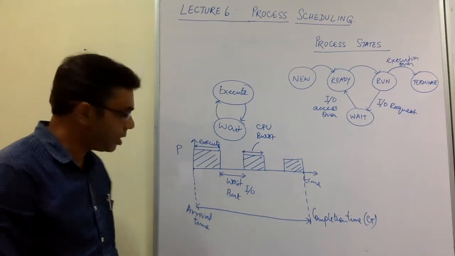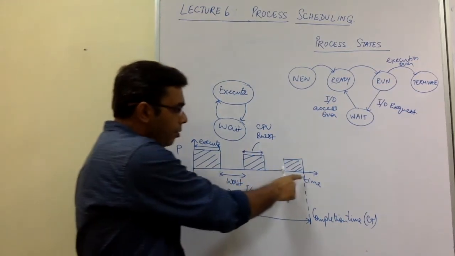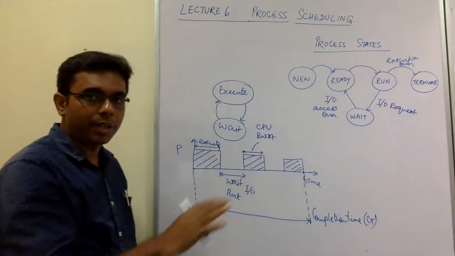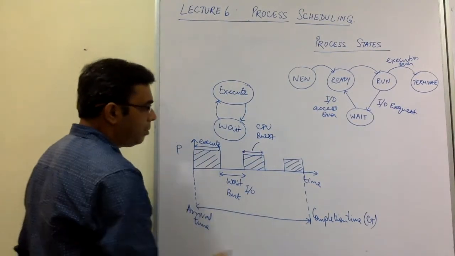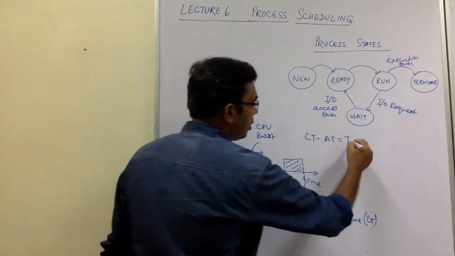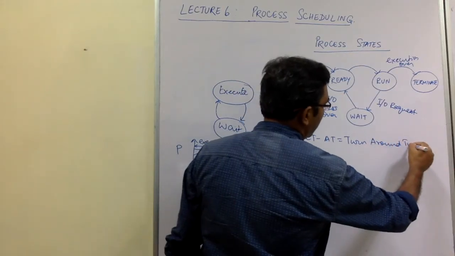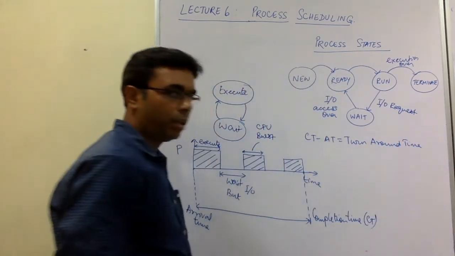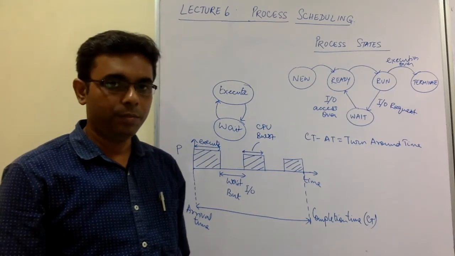For the time being, let us assume that this is the time when the process became ready, and this is the time when the process completed, that it's terminated. The difference of these two timing instants, that is CT minus AT, is what we call the turnaround time. This is the total amount of time it took to complete the process.